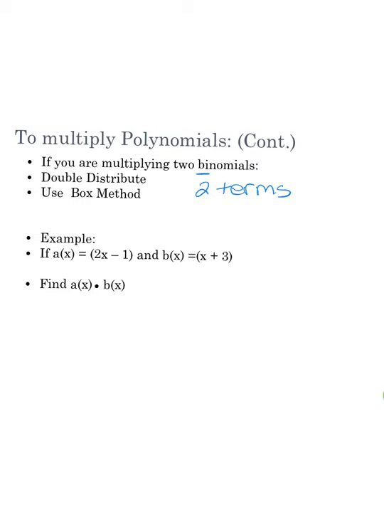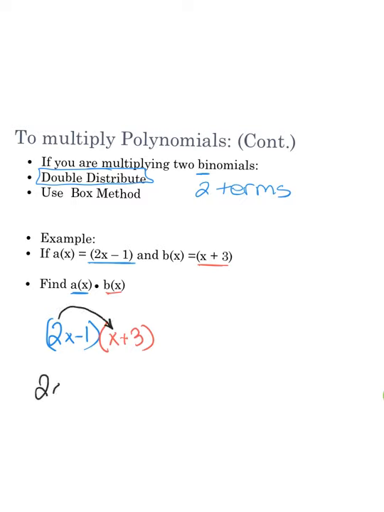So again, if I look at double distributing, this one here, again, I'm going to take my a of x, which is this, and I'm going to multiply it by b of x, which is this. So if I do the double distribute method, I'm going to take my 2x minus 1, I'm going to multiply it by x plus 3, and by double distributing, 2x times x is 2x squared. 2x times 3 is 6x.